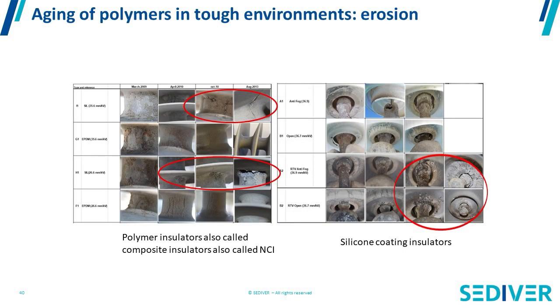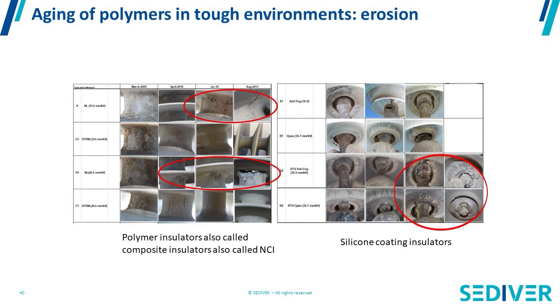Either you're going to use what we call polymer insulators, like the picture on the left, which are also called composite insulators, which are also called by some people NCI, which is an acronym for non-ceramic insulators. So when you have extreme pollution, one option is to use polymer insulators. The other option is to use glass insulators with silicone coating, which gives the same property under pollution as a polymer insulator.